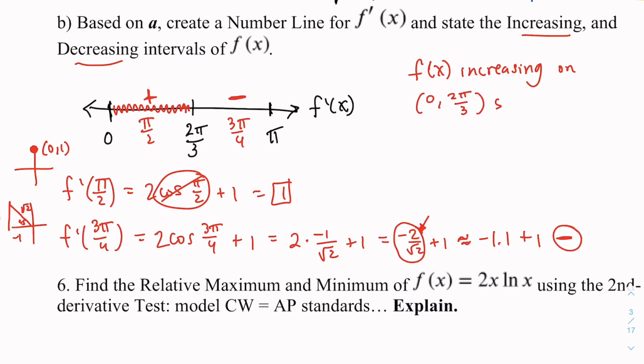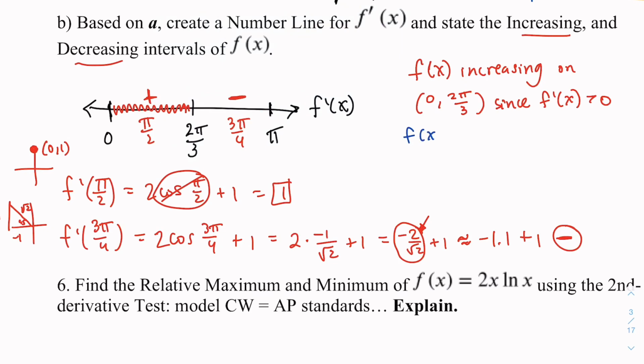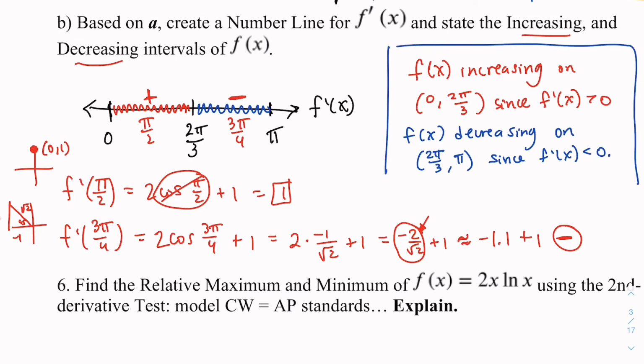You need the explanation to get the second point, so we say since f prime of x is greater than 0. We can also say that f of x is decreasing on the interval from 2 pi over 3 to pi, since f prime of x is less than 0, or the slopes are negative. So that's your points for the AP.